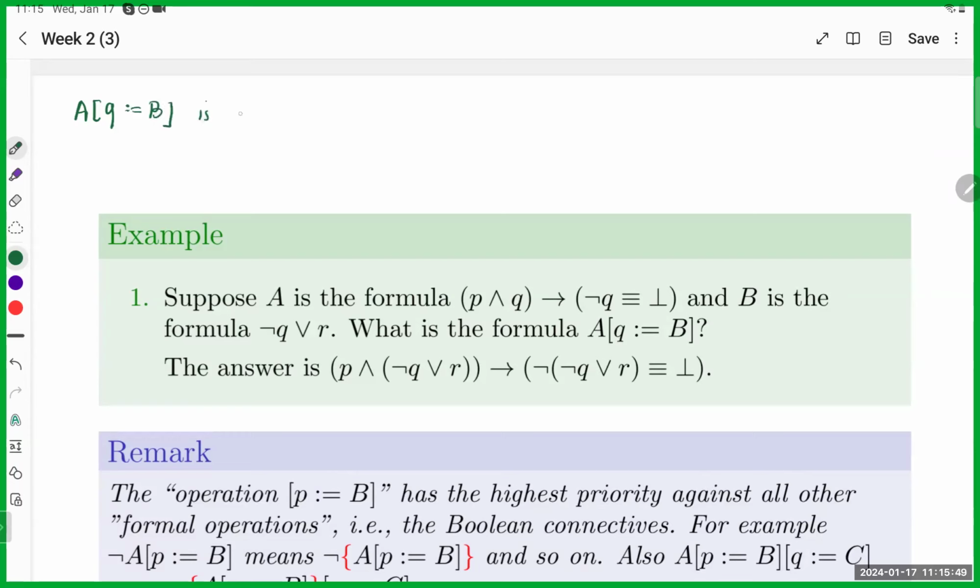So this means in the formula P and Q implies negation of Q equivalent to bottom, substitute P with B, the formula negation of Q or R.